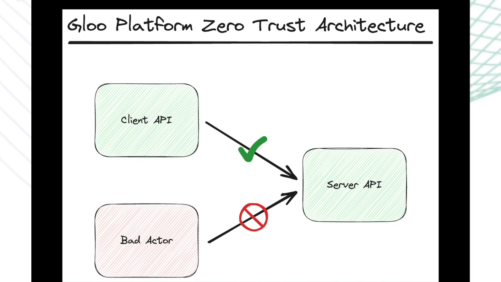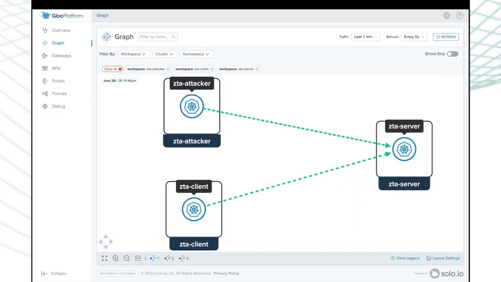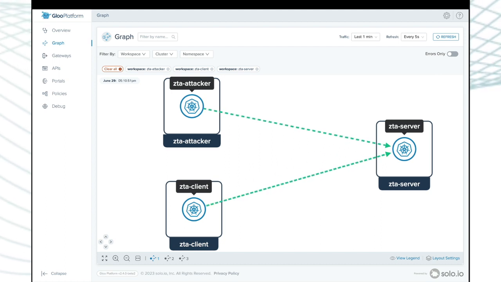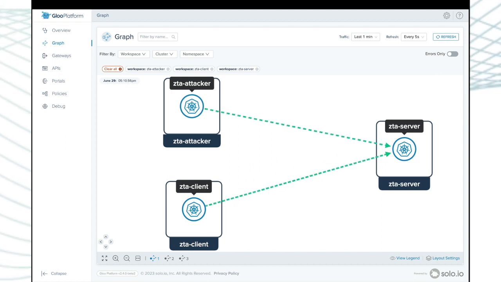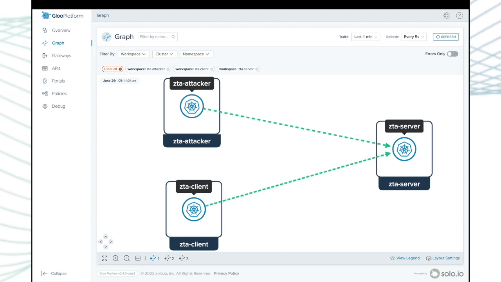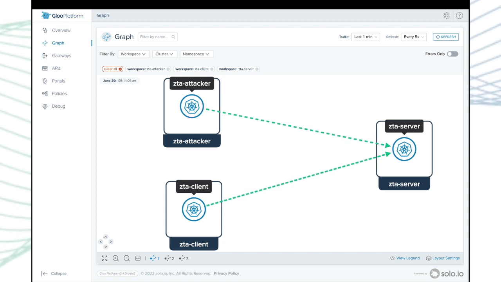First, let's observe the service mesh activity with no access controls in place. The three components are labeled ZTA server, ZTA client, and ZTA attacker. The green lines represent successful, active network traffic that is plain text and not encrypted.